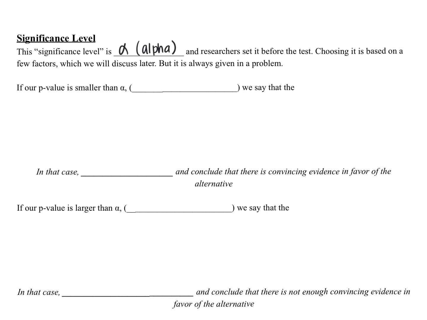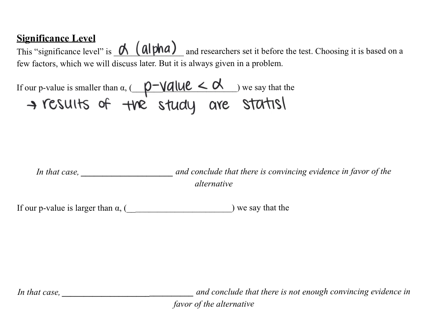So if our p-value is smaller than alpha, which as an inequality, so p-value is less than alpha, then we say that the results of the study are statistically significant.